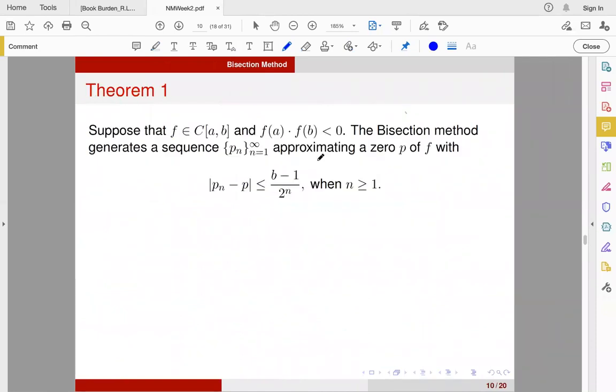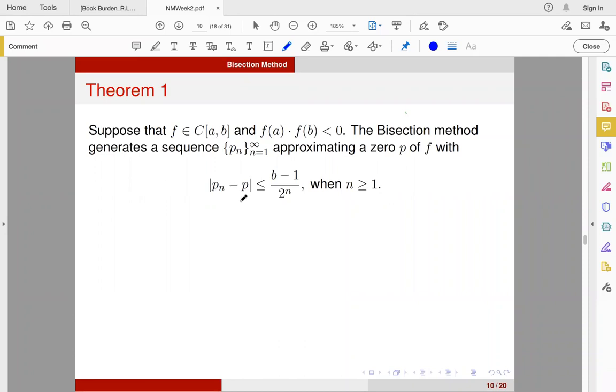Okay, so before we continue, this is the guarantee of the bisection method. If f is continuous with the following requirement, the bisection method generates a sequence of points Pn approximating the value of 0 with this error approximation.